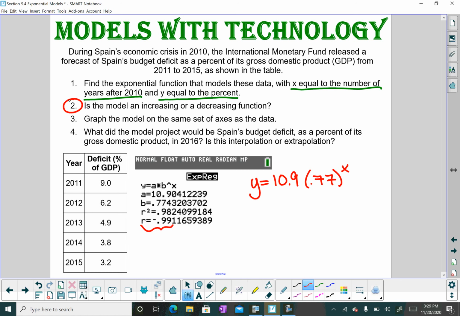Is this model increasing or decreasing? Your correlation coefficient is negative, which is saying that your data has a negative trend. So we can say that it's decreasing.